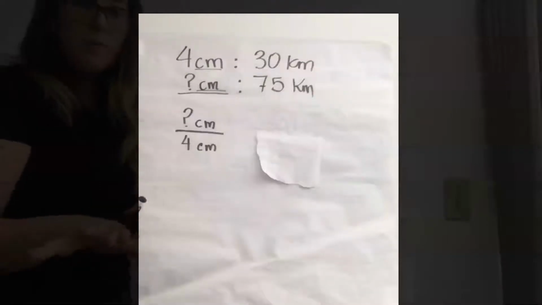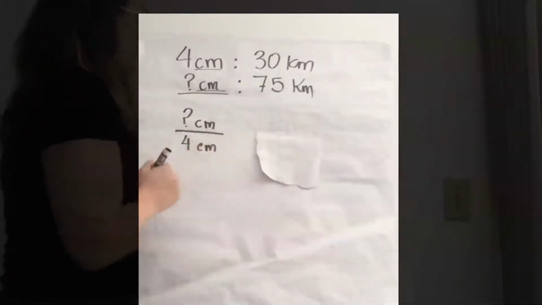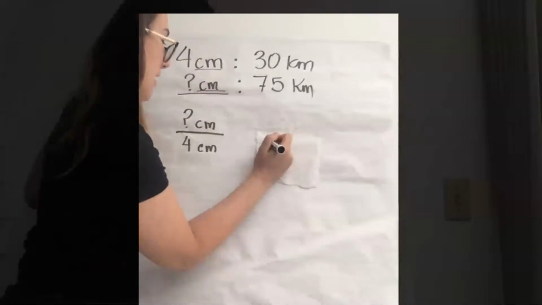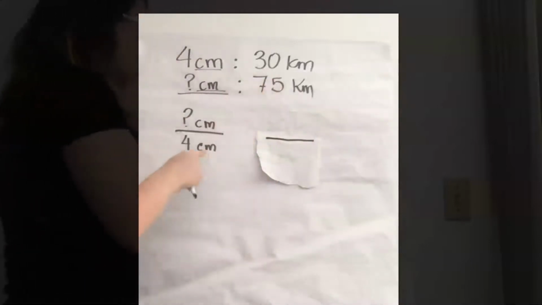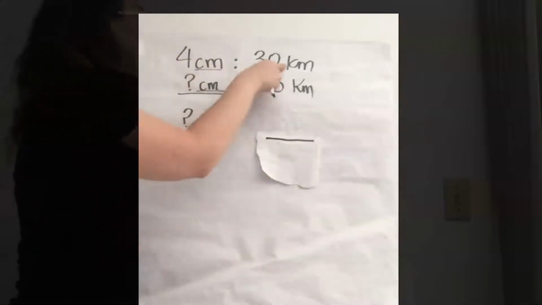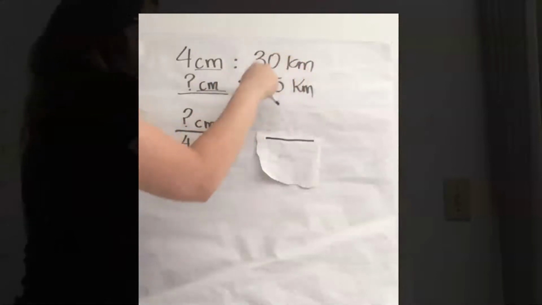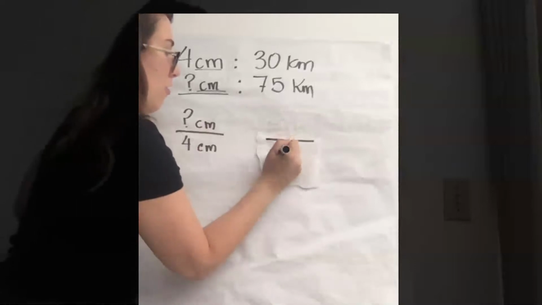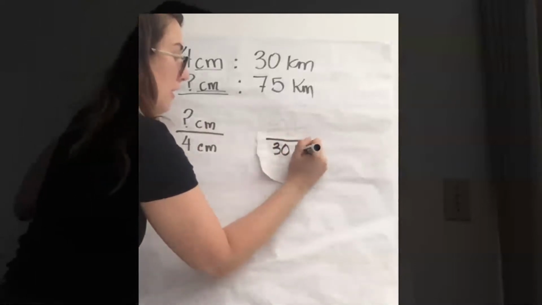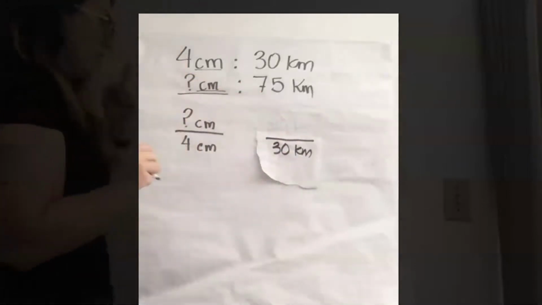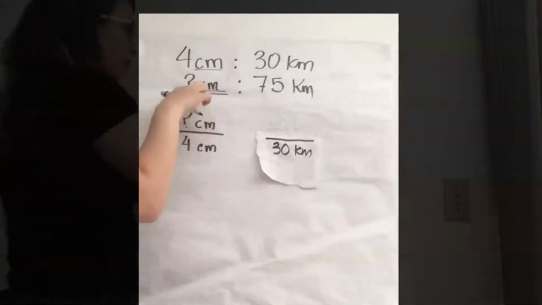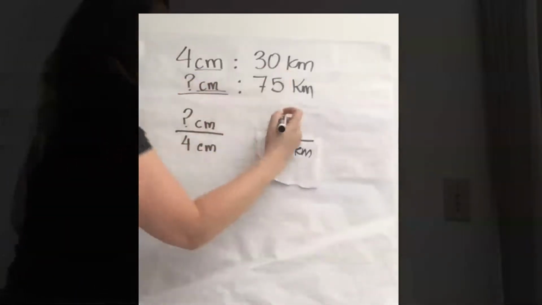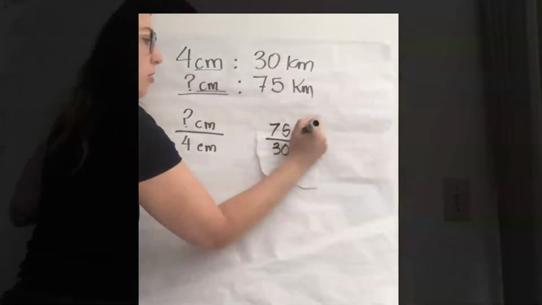So I actually made a mistake, and hopefully you don't make the same mistake I did. So remember that 4 centimeters is 30 km. So we got to make sure that the 4 and the 30 are in the same part in the fraction. And this question mark is 75 kilometers.